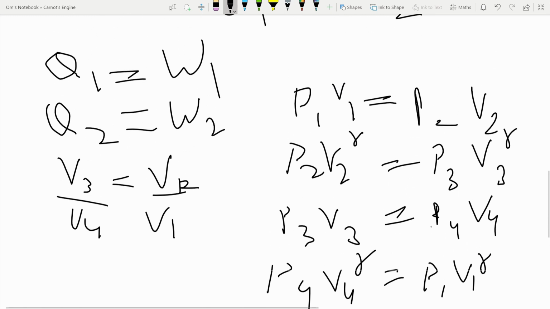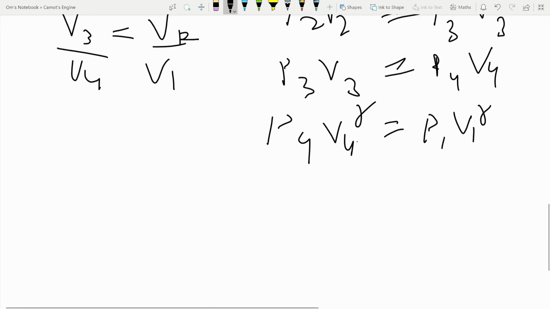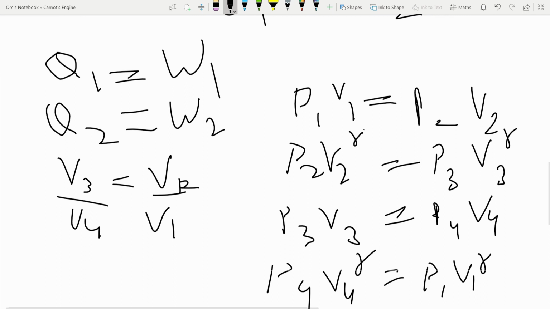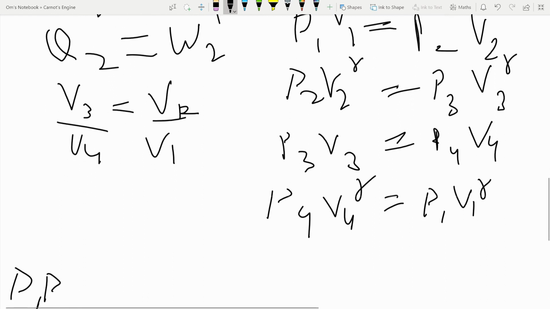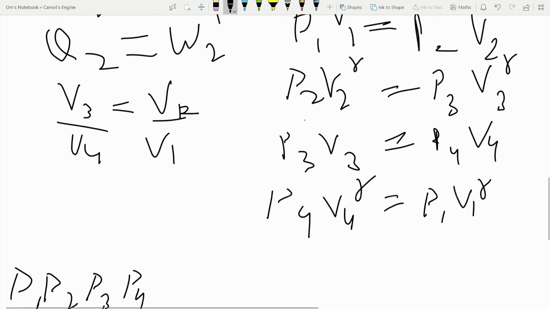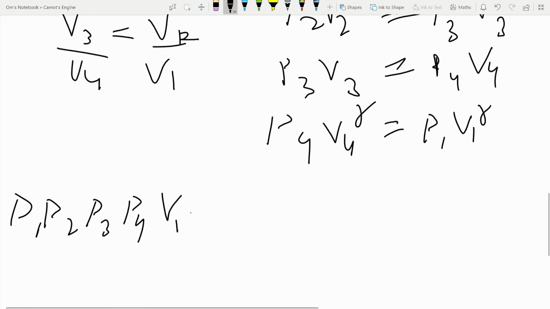So when I get this, I'm going to multiply all of these together, and let's look at what we get. So P1, P2, P3. I'm just going to write the pressures together because they will actually get cancelled, so I don't need to worry about them. P1, P2, P3, P4 into V1, V2 raised to gamma, then V3 and V4 raised to gamma.